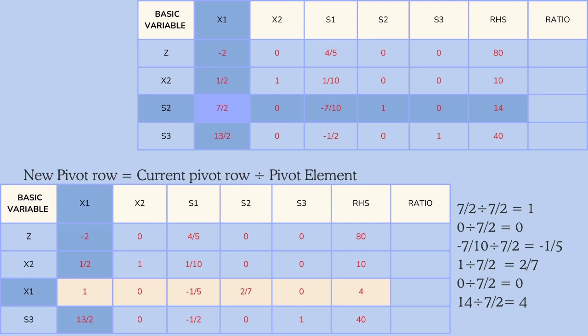So, then, sasagutan na natin. So, 7/2 divided by 7/2 is equals to 1. 0 divided by 7/2 is equals to 0. 7/10 divided by 7/2 is equals to negative 1/5. 1 divided by 7/2 is equals to 2/7. 0 divided by 7/2 is equals to 0. 14 divided by 7/2 is equals to 4.